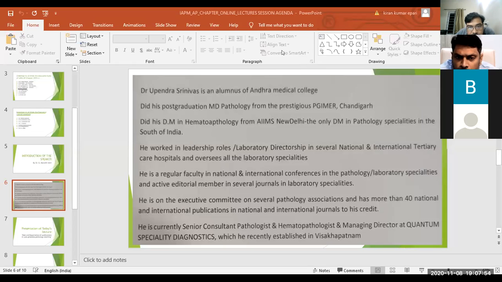He is a regular faculty in national and international conferences in pathology and laboratory specialties, and an active editorial member in several journals in laboratory specialties. He is on the executive committee of several pathology associations and has more than 40 national and international publications to his credit. He is a senior consultant pathologist and hematopathologist and managing director at Quantum Speciality Diagnostics at Visakhapatnam.